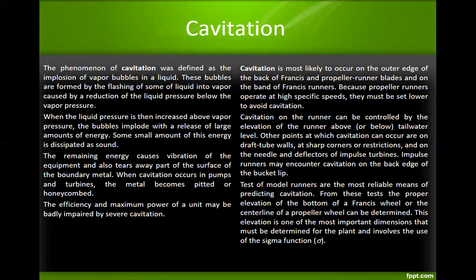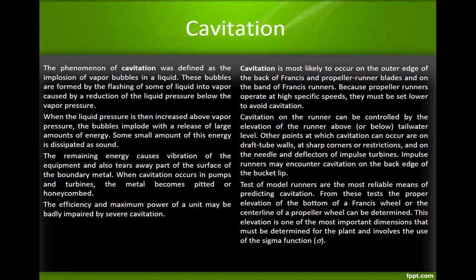Cavitation on the runner can be controlled by the elevation of the runner above or below tailwater level. Other points at which cavitation can occur are on draft tubes, at sharp corners or sections, and on the needle and deflector of an impulse turbine. Impulse runners may encounter cavitation on the back edge of the bucket tip.